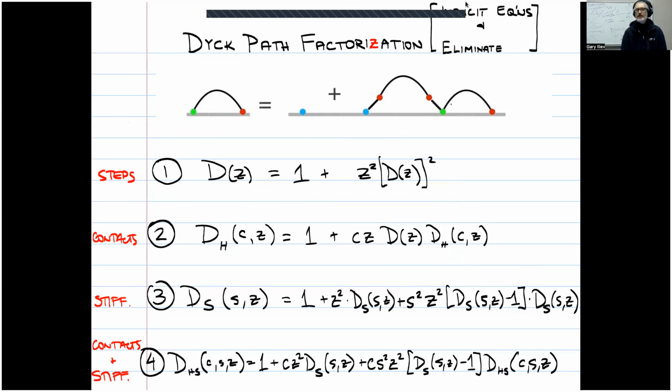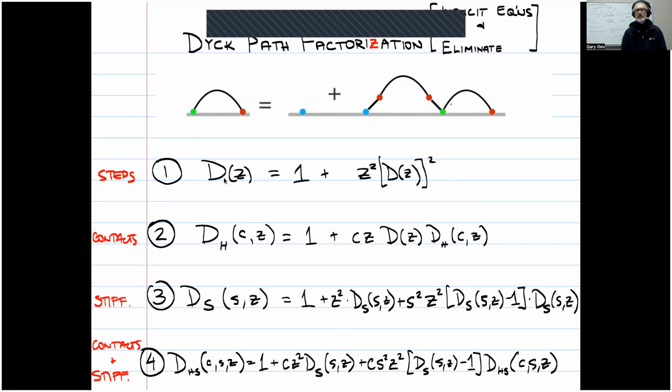The way that I've done this, or at least the way that this is done in the background, is that I try to keep things implicit in terms of equations as much as I can. And then I eliminate between pairs of equations. You'll see that the point here is I want to keep things, so all of this is done in Maple, and I want to keep Maple away from taking square roots and trying to simplify things along the way.